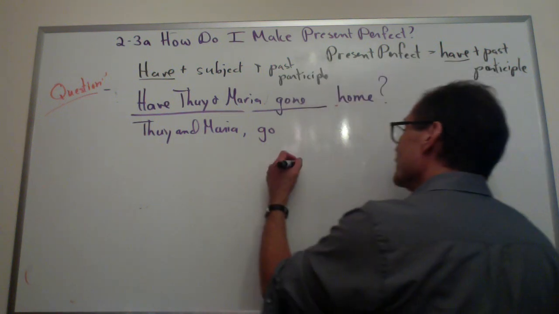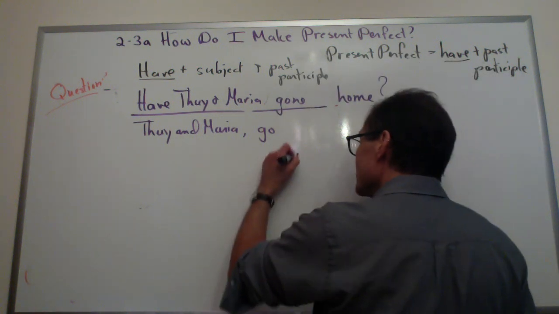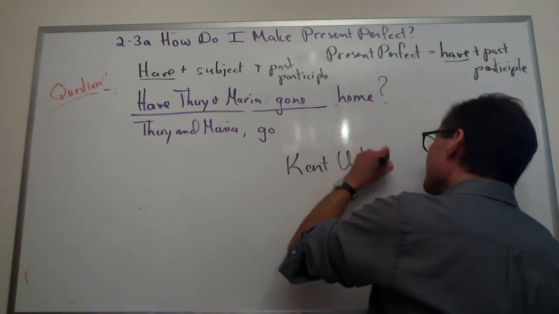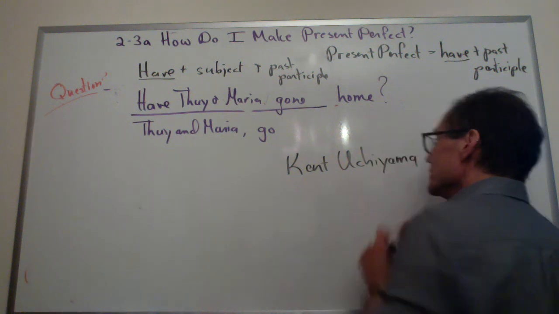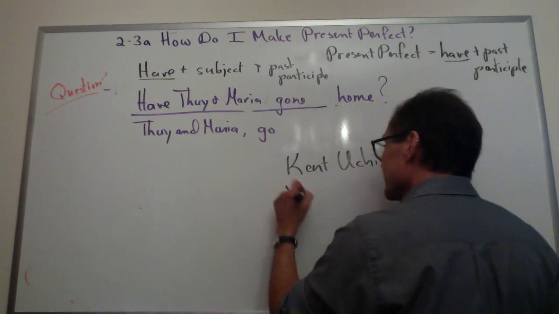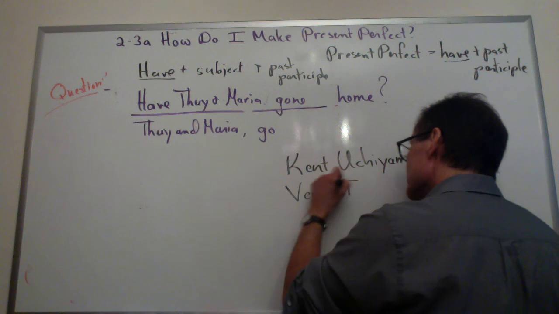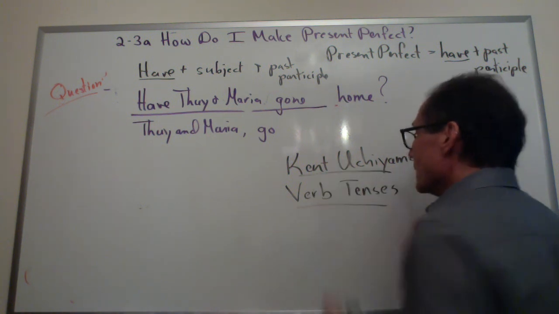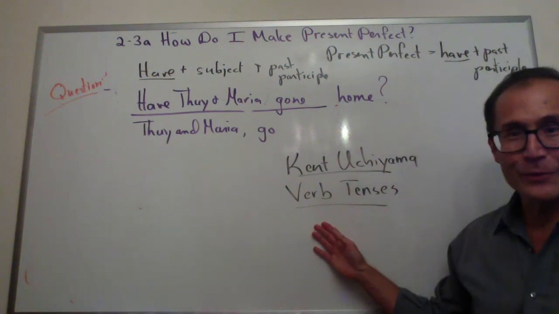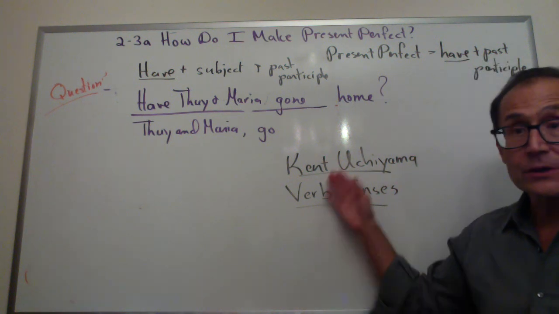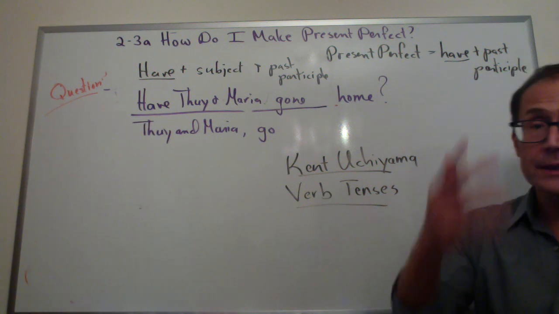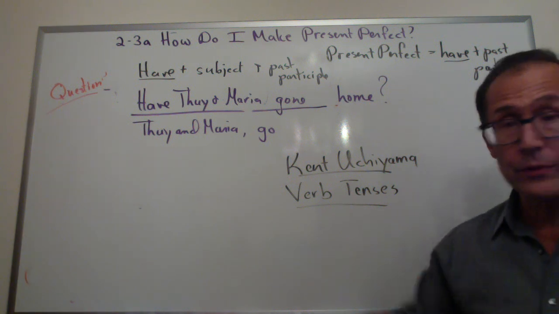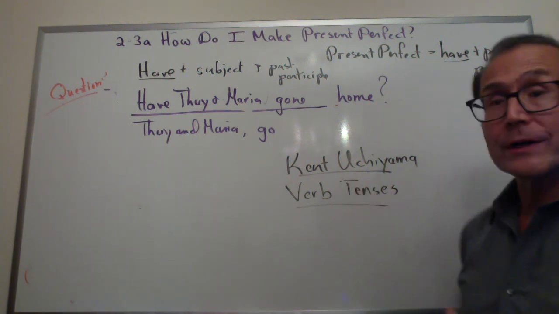Again, if you want to find it, you can do a web search for my name, Kent Uchiyama, verb tenses, and you'll find where it's stored on Chabot College's ESL website. And if you'd like to read more and to have this explained a bit more, then you can go ahead and download that.